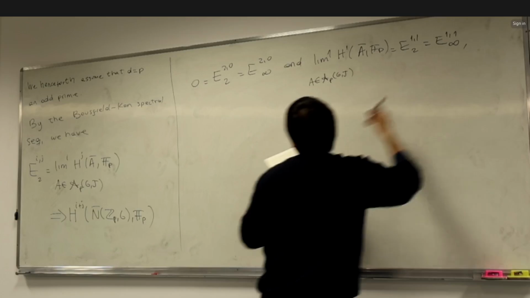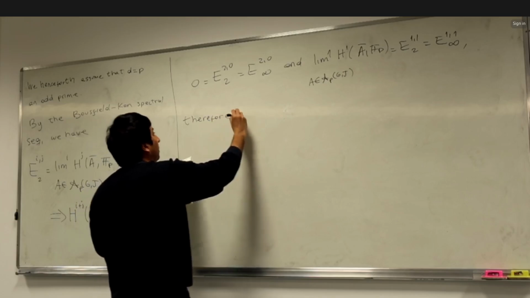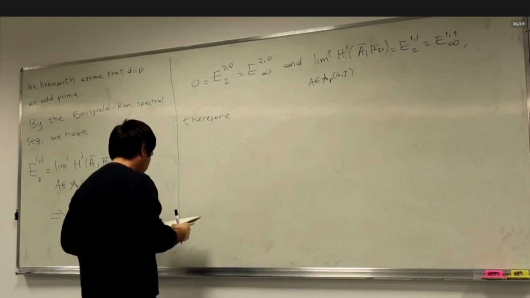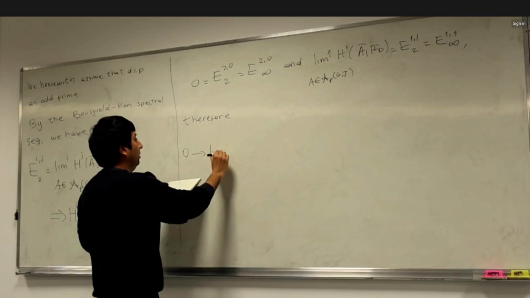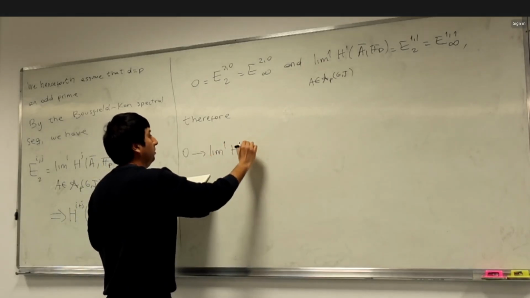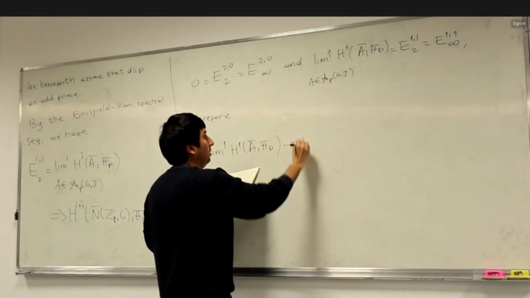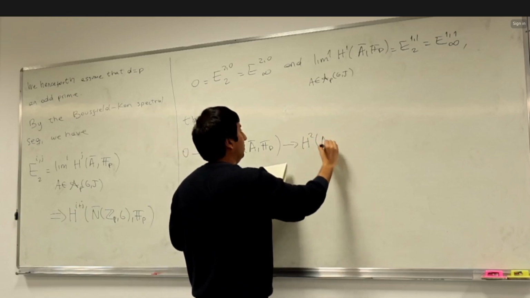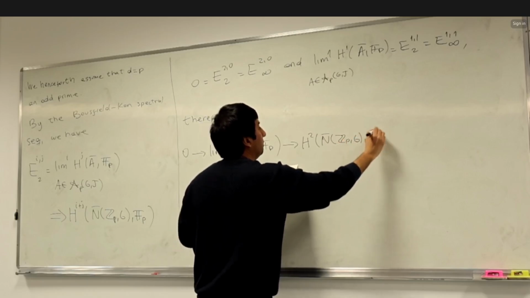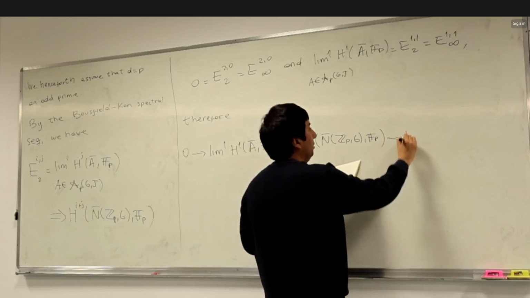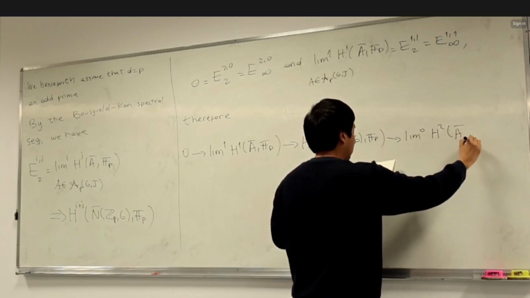Therefore, we have an exact sequence of this form: lim¹ of H¹ Ā, H² N̄ Z₀ P G Fp, and lim⁰ H² Ā Fp.